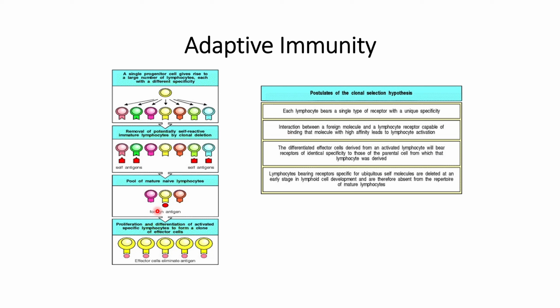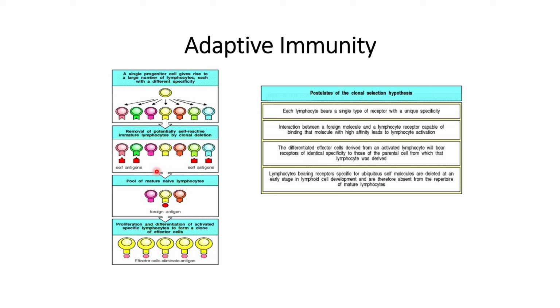Another thing, the attraction between a foreign antigen and the lymphocyte is so high that it might lead to lymphocyte activation. This is the second postulate. The third postulate is about differentiation: whenever this lymphocyte gets activated, it gives a signal to the bone marrow, where further lymphocytes of the same antigen get differentiated, so that the effector cells can eliminate the foreign antigen.